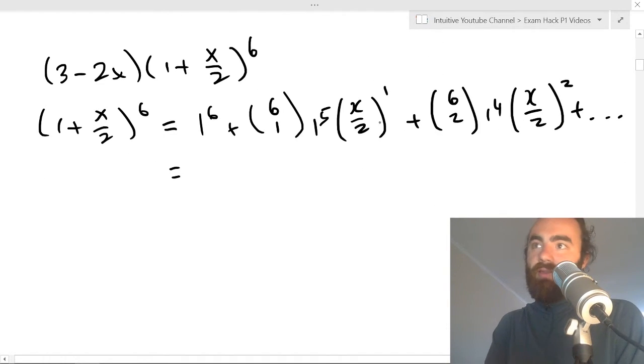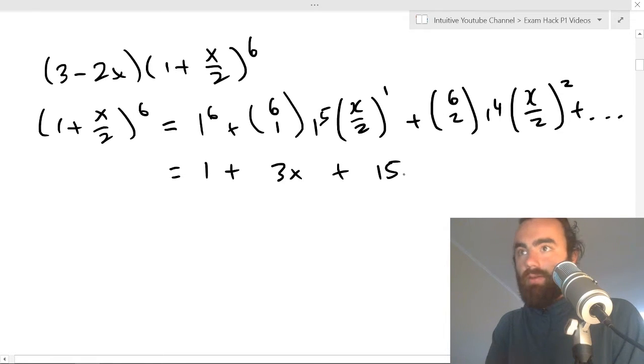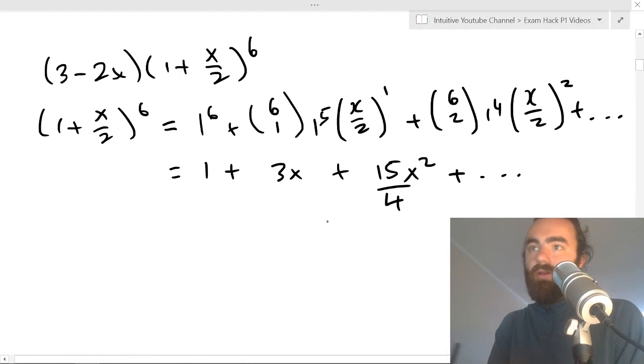We're only interested in these first few terms because we're only interested in the coefficient of x squared. So 1 plus 6 times x over 2, which is 3x, plus 6C2 will be 15 times x squared over 4, plus some more stuff.